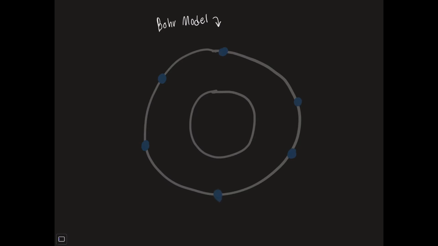The outer shell holds 6 electrons, and the inner shell holds 2 electrons.